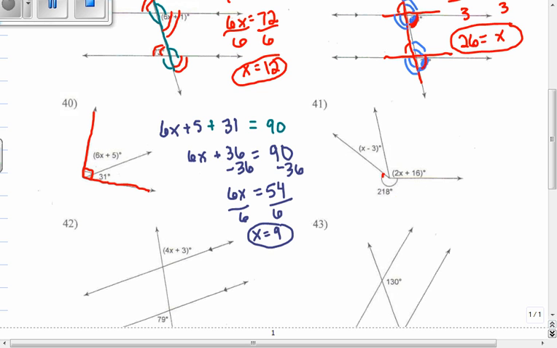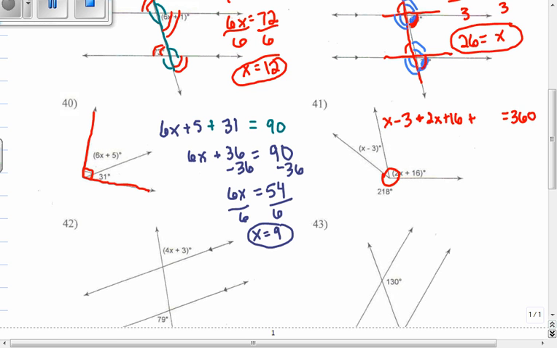Okay, this next problem, we have to use the information that all the way around in a circle, it would be how many degrees? 360 degrees. So we have one angle that is x minus 3. We're adding that to the next angle, which is 2x plus 16.